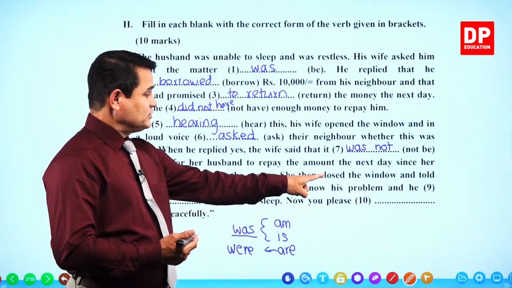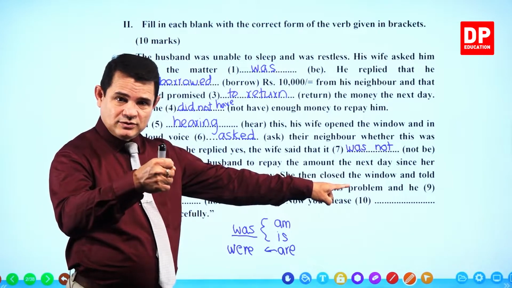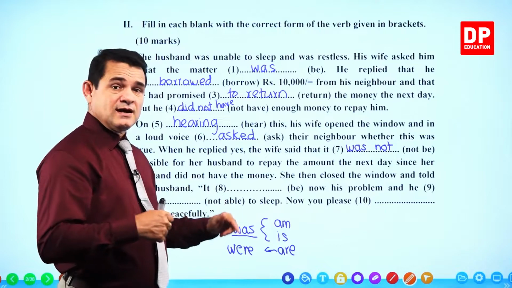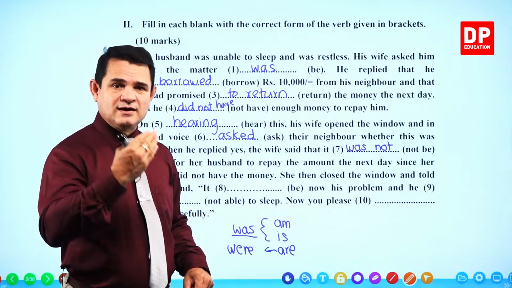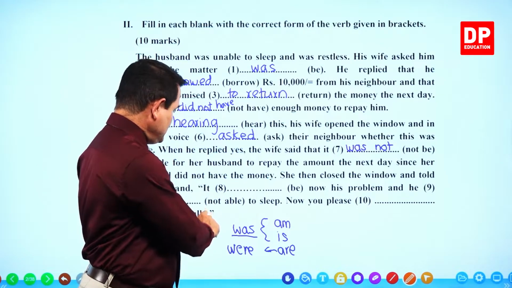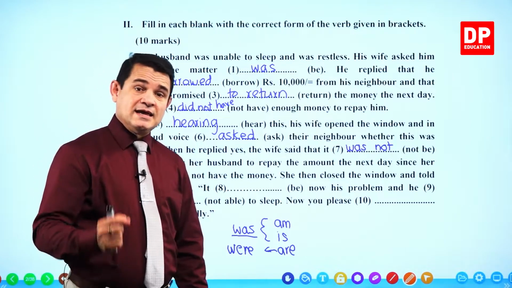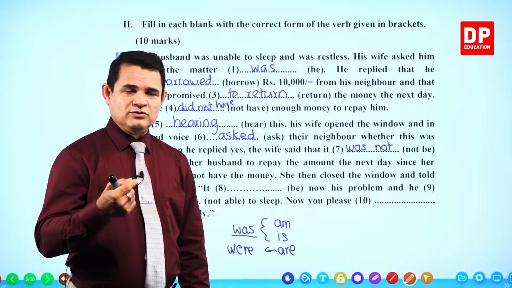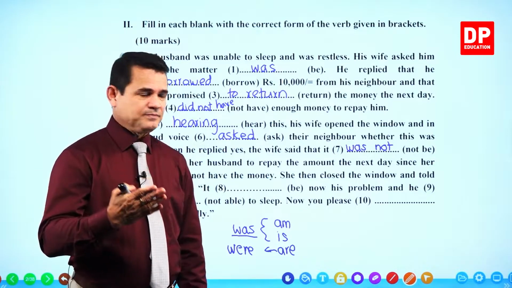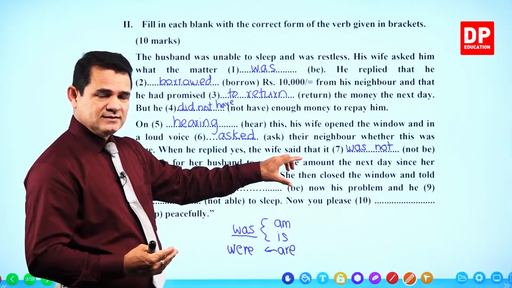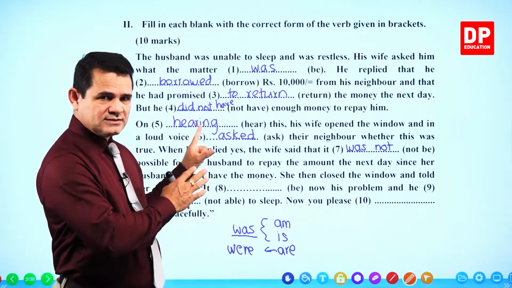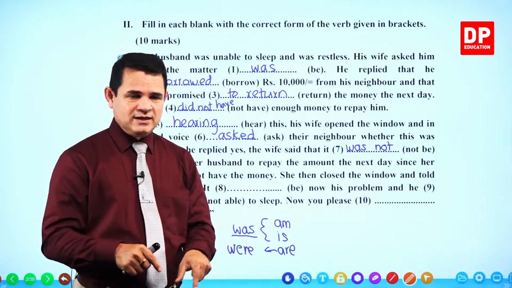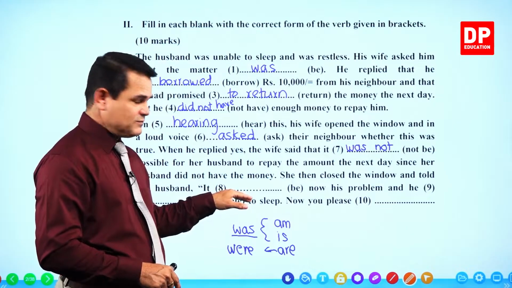She then closed the window. She closed the window and told her husband. What she told her husband is within inverted commas. When you tell something at that moment, it is in present tense. The incident is past tense, but within inverted commas, what was said at that time should be in present form.